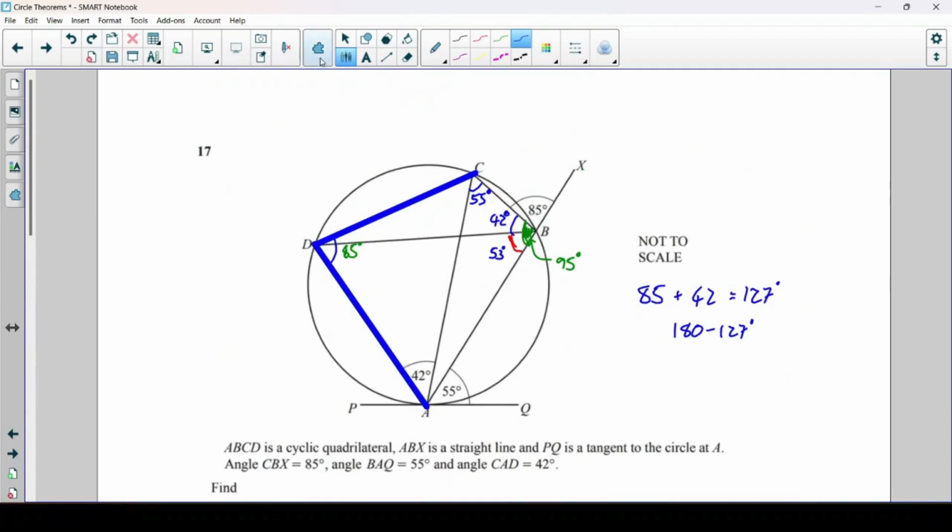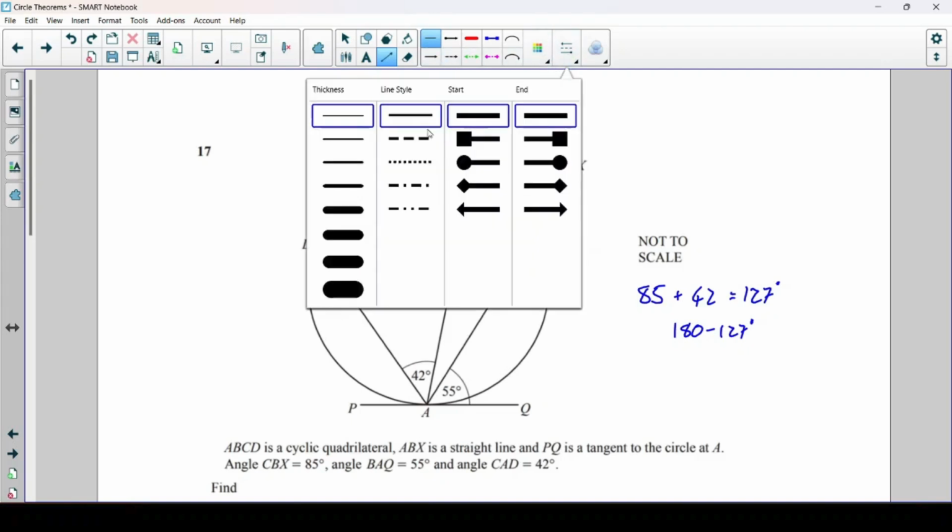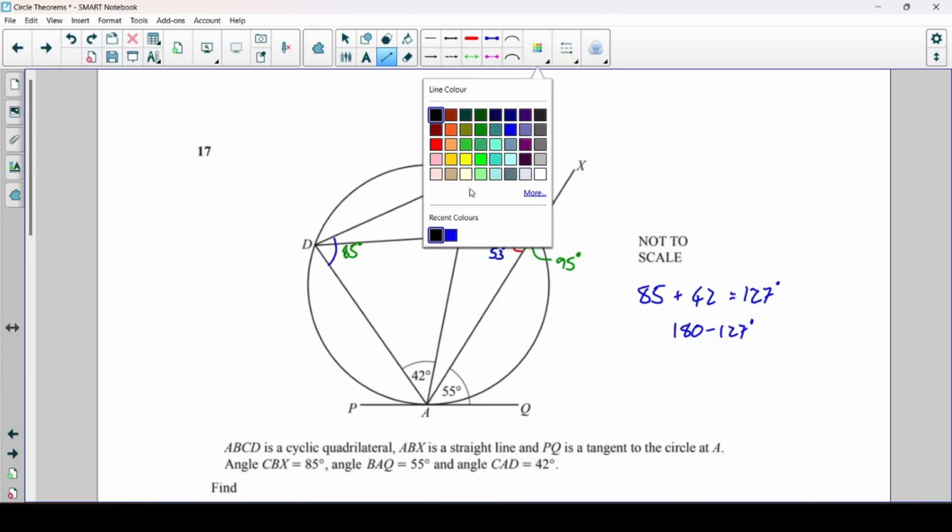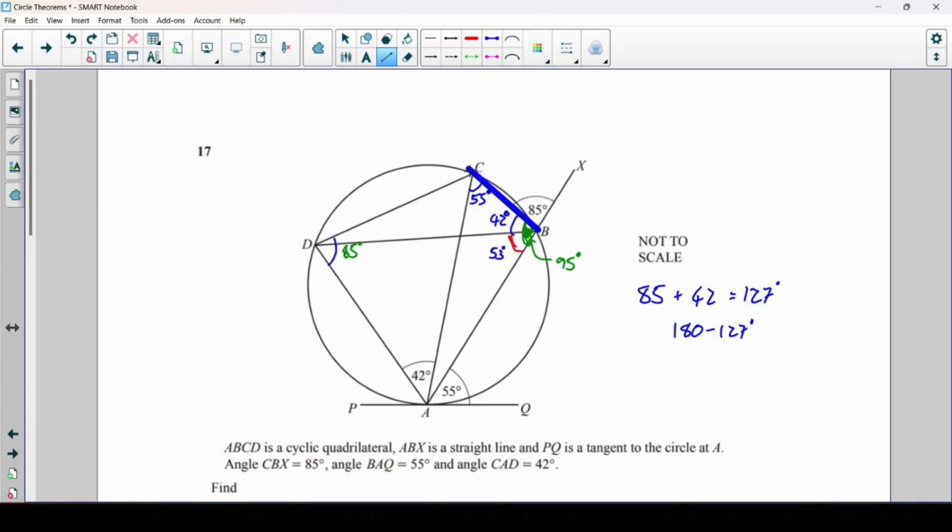BCD is next. Let's just get rid of these lines. Okay, BC. BCD is this one here. To do that, again, it looks like it's part of that kind of quadrilateral, and the only thing that would be missing to be able to figure that out is this angle here.